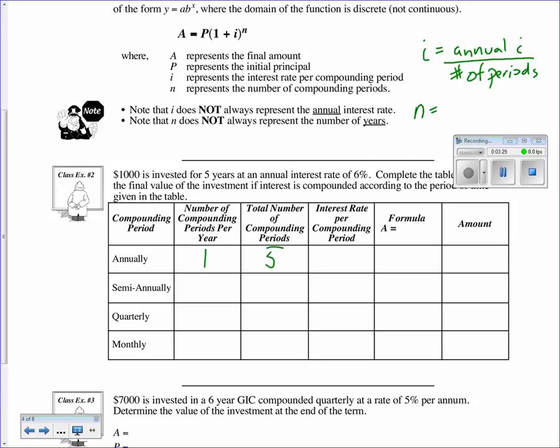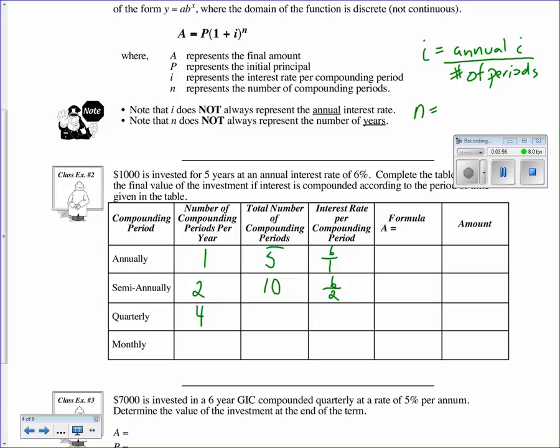The interest rate per compounding period is 6 divided by 1 converted into a percentage. If I go semi-annually, I'm going to get 2 compounding periods, which gives me in 5 years 10 compounding periods. My interest rates get split. So I get half my interest at the half of the year.